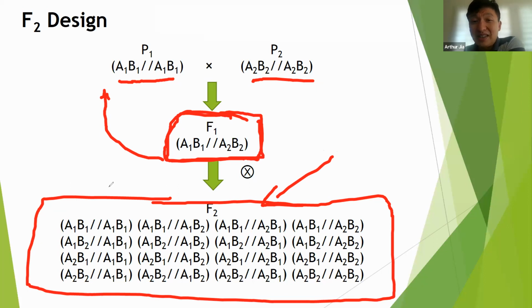But at least the number of categories for F2 design is greater than 4, right? So we see more variability, which means we have more resolution. Do you believe that? We have more resolution given the same sample size. If you do the F2 design rather than the backcross design, we get more resolution, which means we gain more statistical power for testing the linkage for these 2 genes.